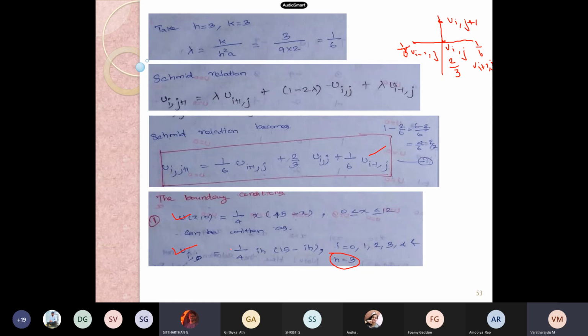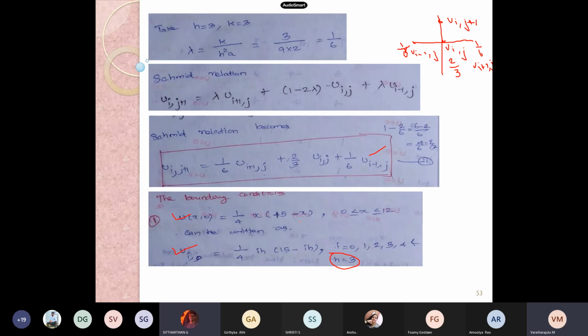But x is equal to 3i, no, sir. x is equal to 3i, yes sir, because h is 3. Okay. No, you are making confusions. You leave that.